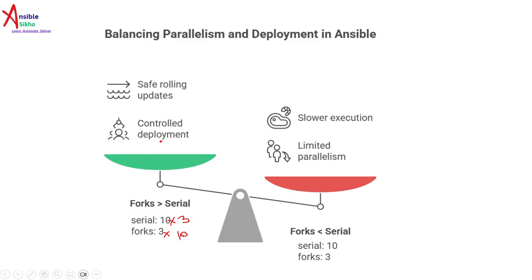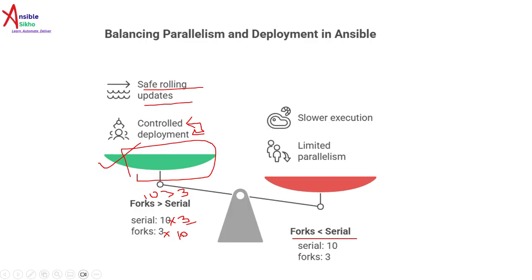By maximizing the parallelism, where the batch of 3 means the fork is greater than serial, it will be a controlled deployment. It will have a safe rolling update by achieving this.